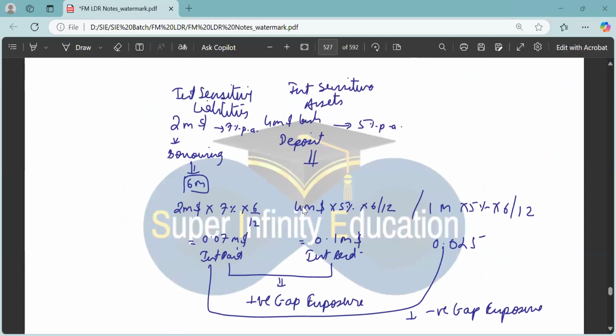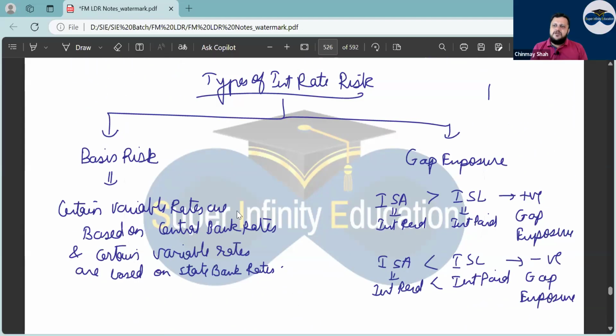Can you repeat the basis risk? Basis risk is simple. You have a variable rate of 5%, and you have another variable rate of 6%. One is based on the central bank rate, that is, RBI, and the other is based on SBI. Correct? The basis can be different. Generally, you say that there is only one rate in the whole market. It is not like that.